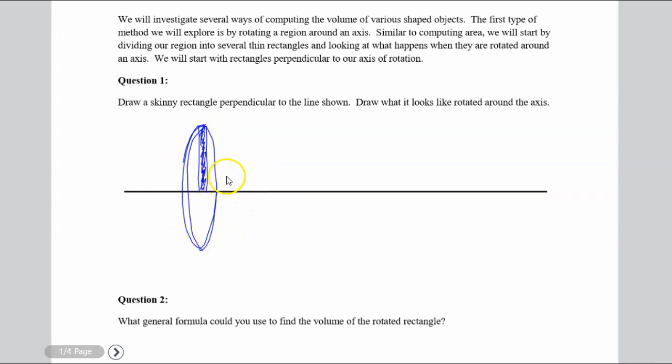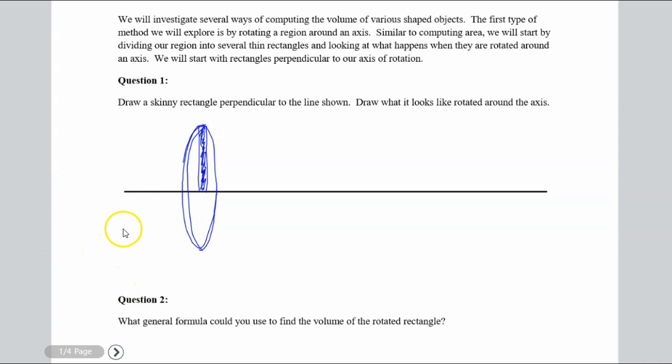You can think of this as a really flat cylinder, not very tall. A lot of times they'll call this a disc. Think of a CD or DVD, those discs that you put in, that's what they're thinking of, just this really thin circular disc.